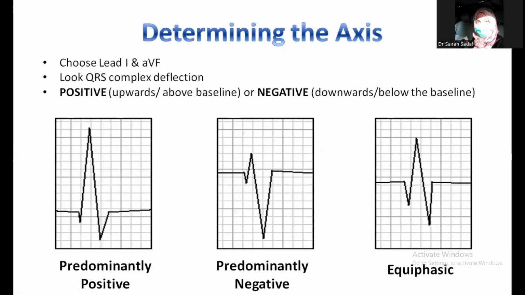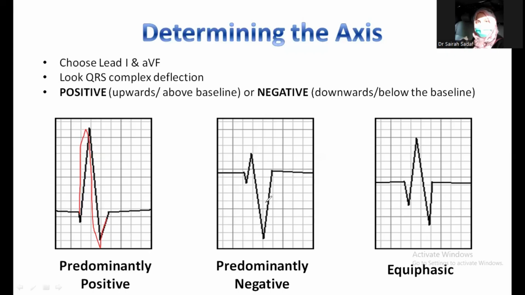For instance, in this ECG tracing, you can see that we have an R wave as well as an S wave. But you have to see which one is dominating. R wave is dominating, so you will say we have a predominant upward deflection. Always use the term predominant upward deflection.